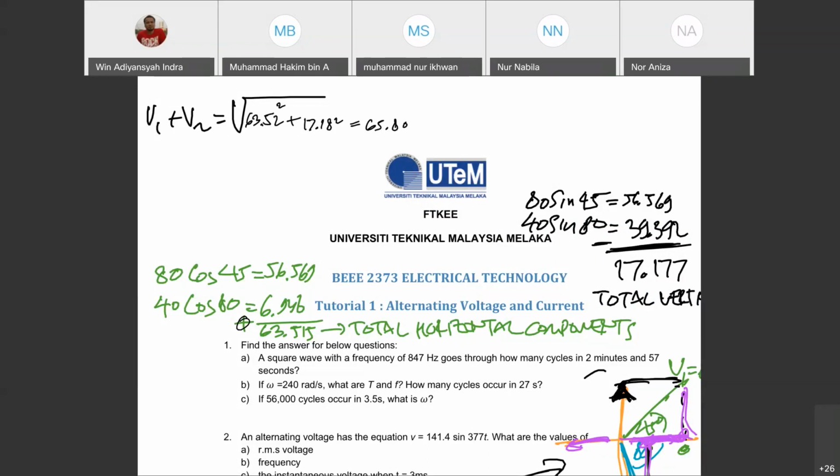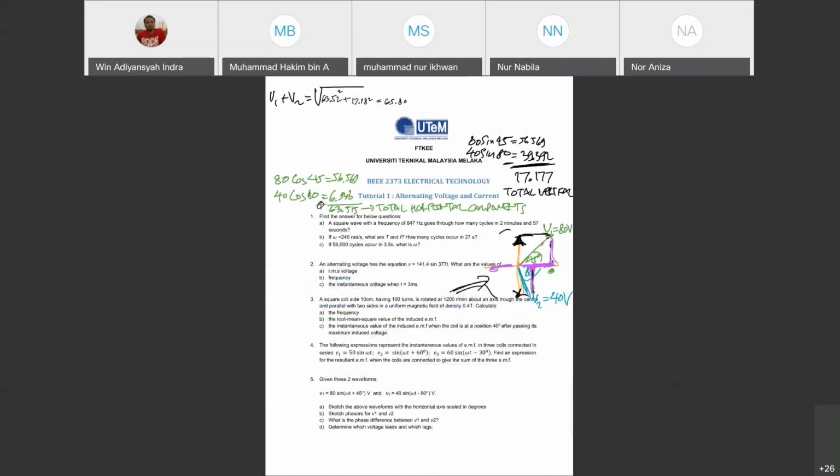As for the phase, if you draw the phase difference, the horizontal is 36.52, the vertical is 17.18.